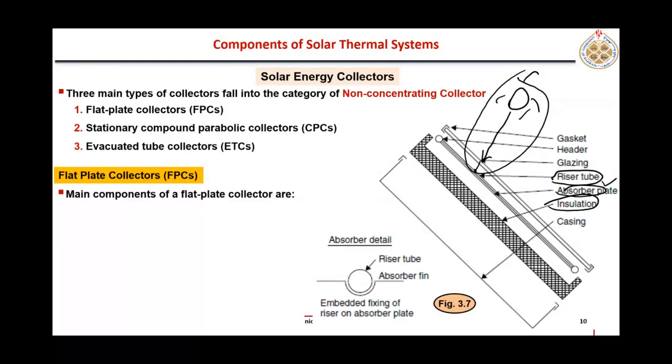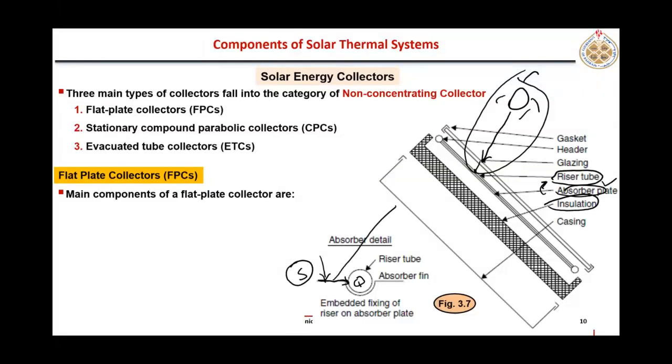Ideally, we want all the heat of this absorber plate to flow towards the tube, right? Whatever heat is absorbed here, that is S. Now it should be flowing towards the tube. So here is the heat which we want to flow.